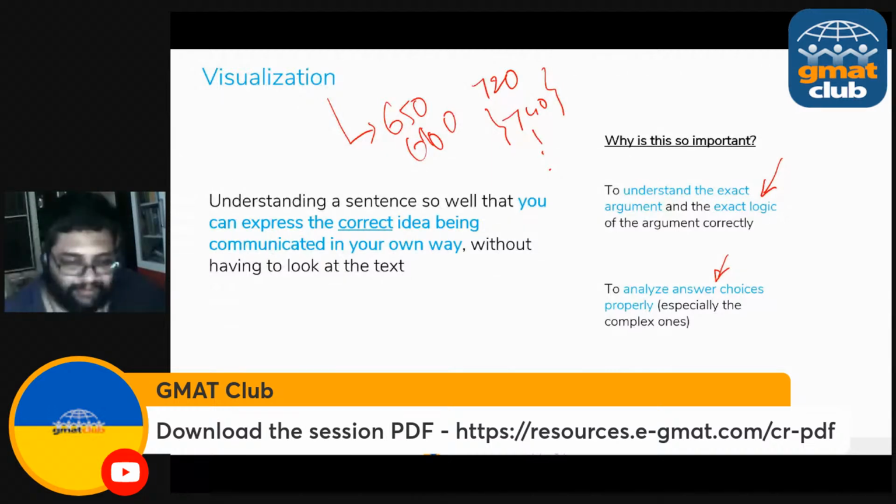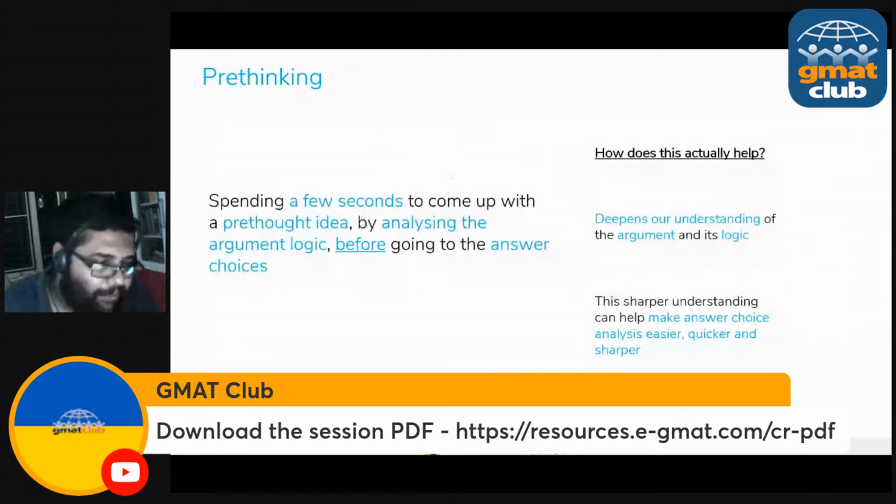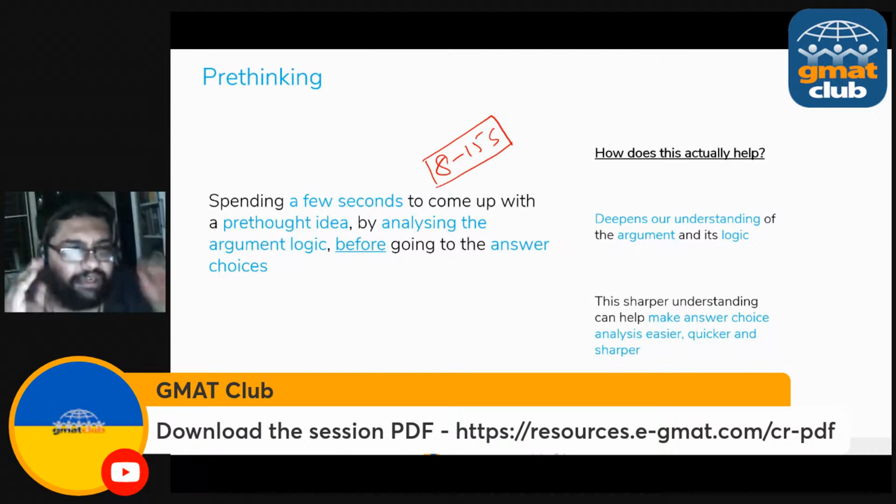Similarly with pre-thinking, those few seconds, like I said, once you build the skill, it's going to take you anywhere between 8 to 15 seconds. If you're doing pre-thinking for 1 minute, no, that's not the point. The point is to spend a few seconds, come up with one solid idea, do it before you get biased looking at the answer choices.